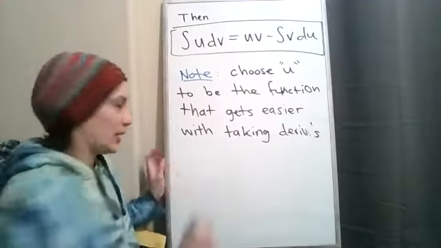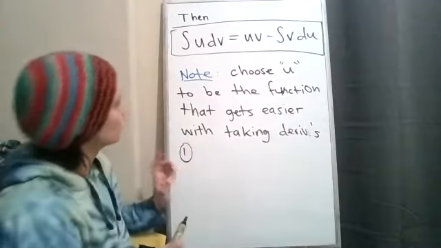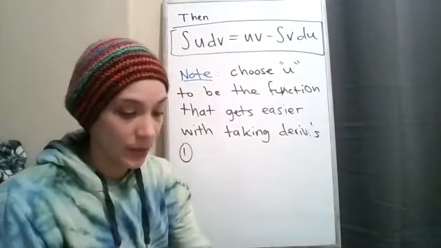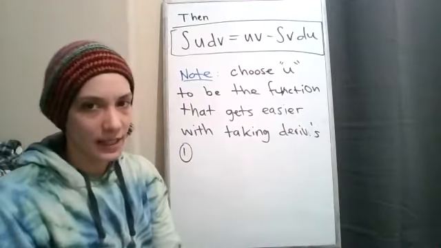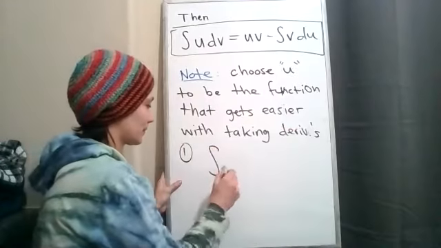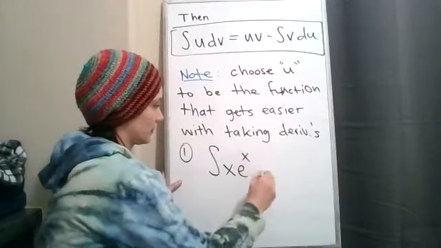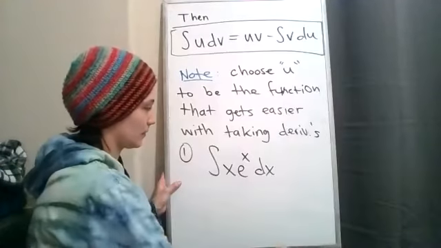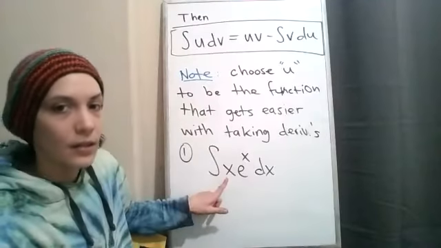Starting with number one. It is the integral of x times e to the x dx. X we will call u.